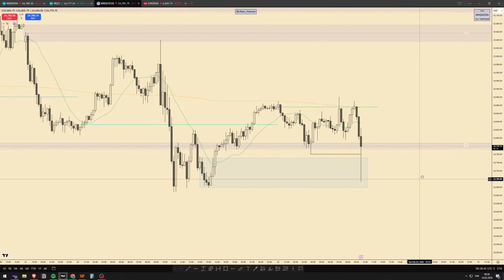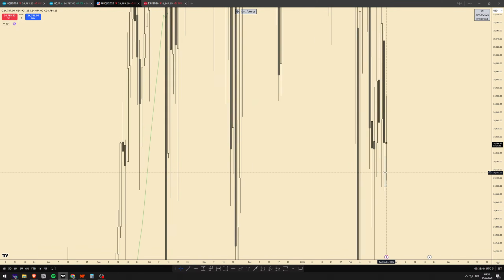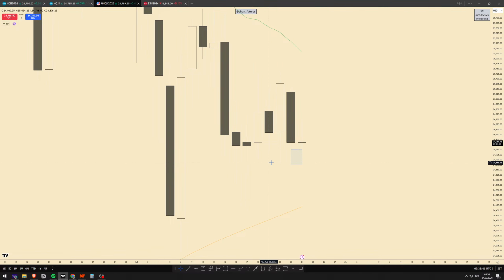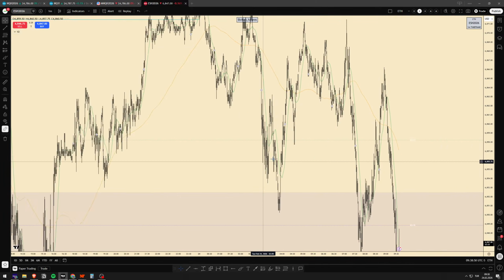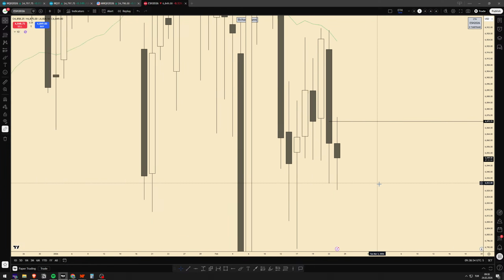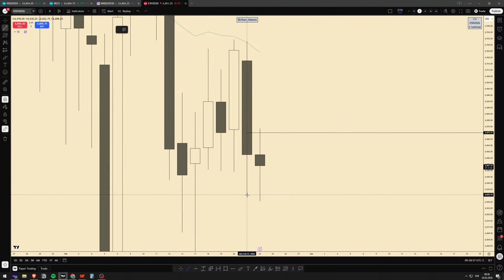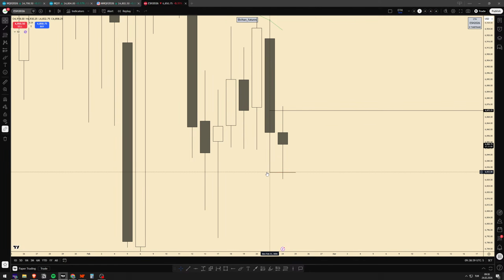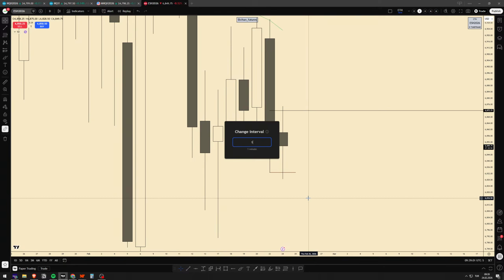Price is currently taking the retracement low, and when I check out the daily chart, yesterday price took the previous day low. I'm not sure if price does the same on today's price action too. When we look at the ES chart, S&P 500, it took the previous day low too.